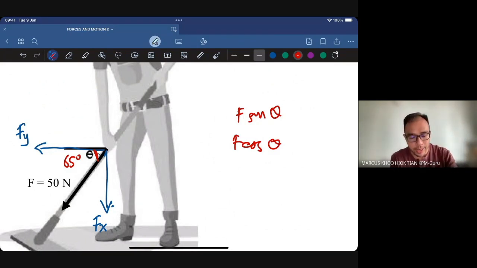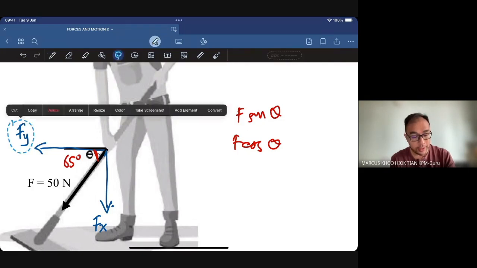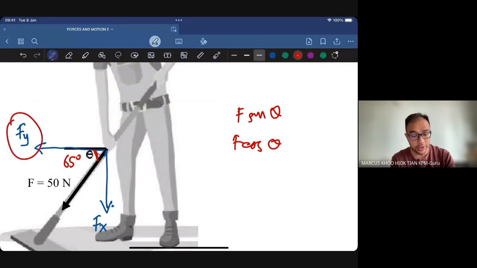And everything depends on where the angle is touching. If the angle is touching the horizontal, then the horizontal one is F cos theta, while the other one becomes F sine theta.